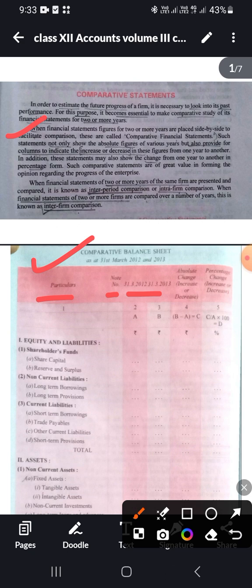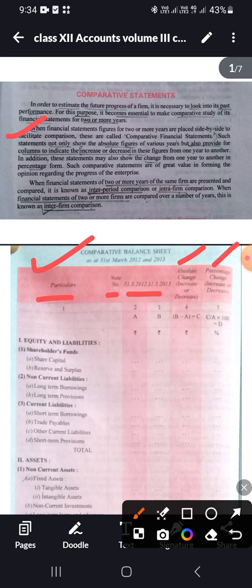Let's suppose we have financial statement details of 2012 and 2013, because comparison is possible on 2 years or more than 2 years figures. Then you have to generate absolute change column and percentage column.